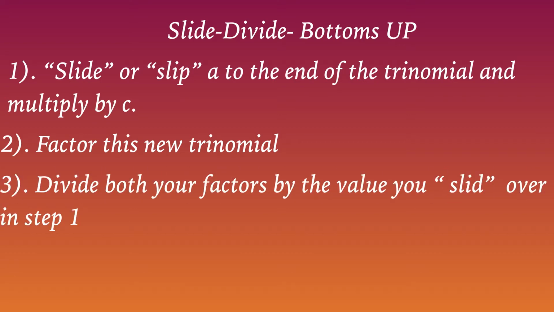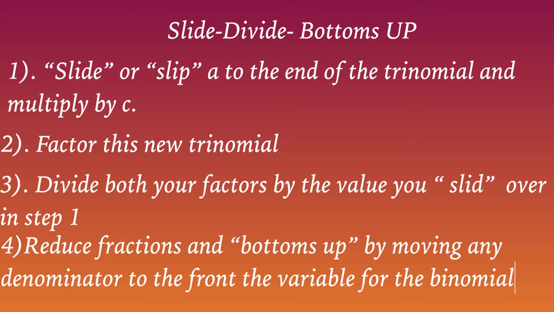You're going to divide both of your factors by the value you slid over in step 1. Then you're going to reduce fractions and bottoms up by moving any denominator that you have to the front of the variable for the binomial.